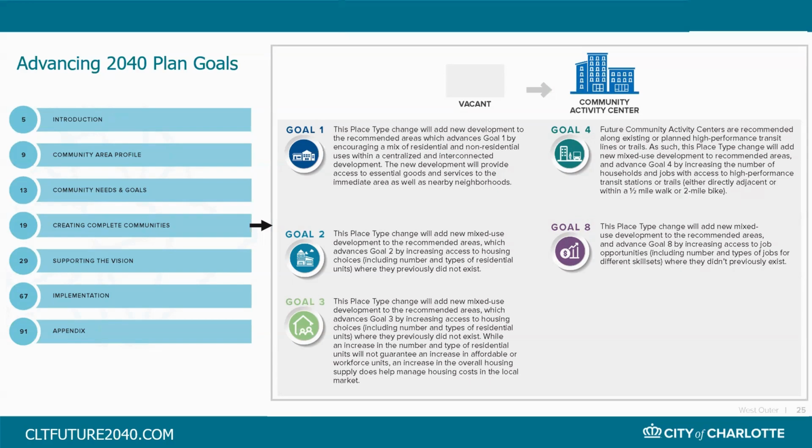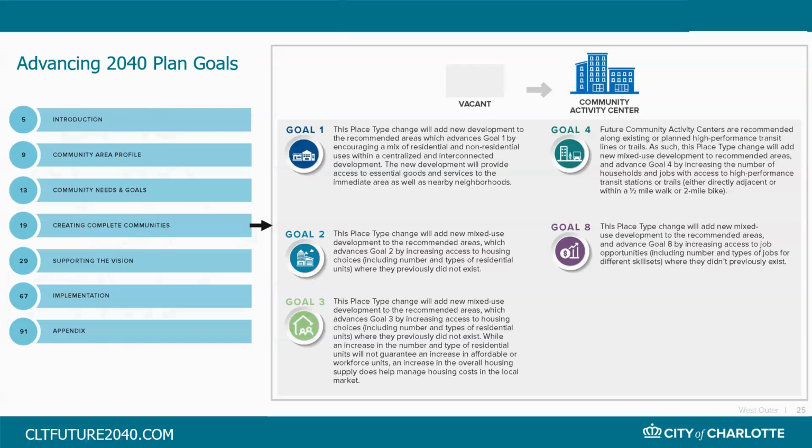The place type change will introduce not just the mixed-use development, but it will also advance Goal 2, which is neighborhood diversity and inclusion. Goal 3, housing access for all, by increasing access to housing choices, including the number and types of residential units where they previously did not exist.